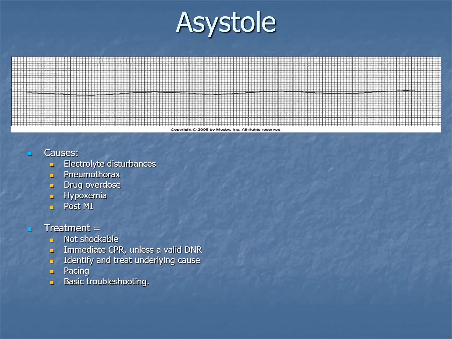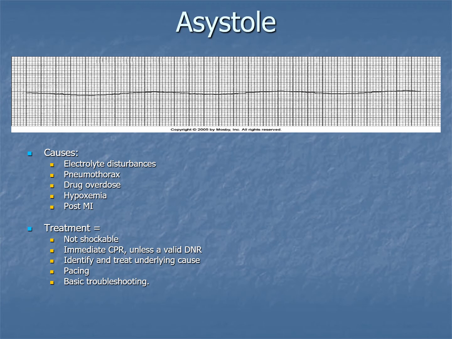But assuming it's actual asystole, unlike what they show you on TV, where they start shocking the patient as if you're starting a car, that's not going to be the case. So that's not one of the treatments, by the way. So the causes are electrolyte disturbances, pneumothoraces, drug overdose. So your H's and your T's, if you recall back from ACLS, hypoxemia, post-MI.